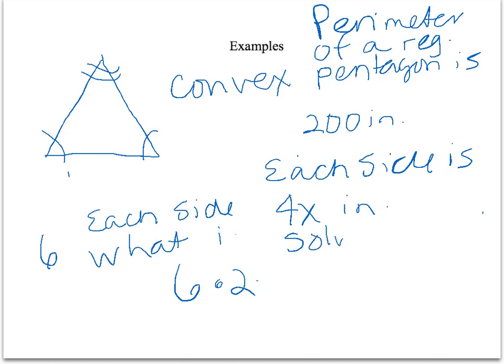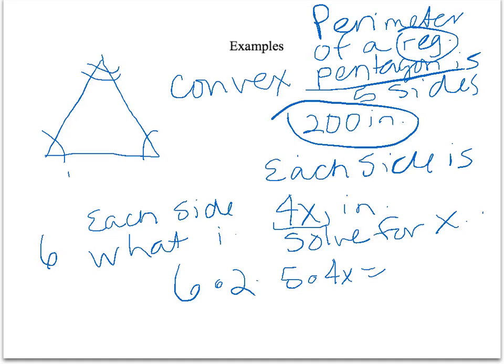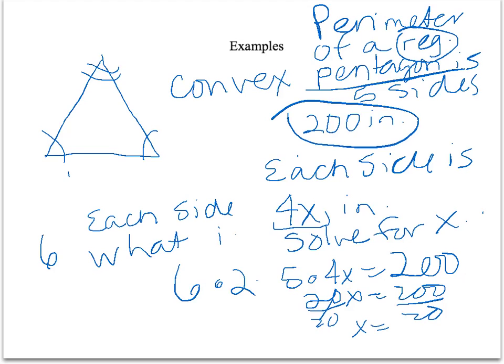Solve for x. Well, first of all, a pentagon has 5 sides. Each side is 4x, and I know that each side is the same because it says it's regular. So 5 times 4x equals my perimeter, 200. So 20x equals 200. Divide both sides by 20. x equals 10. So there is a brief rundown on polygons, and I will see you in class.